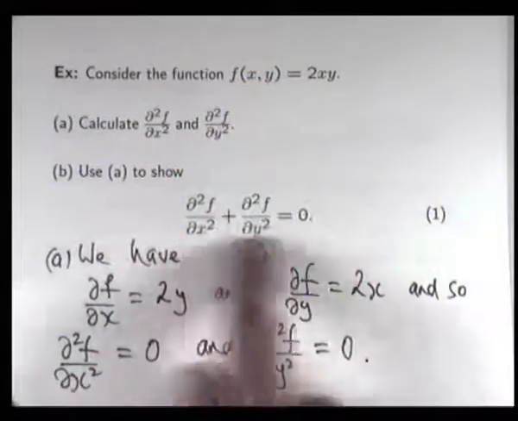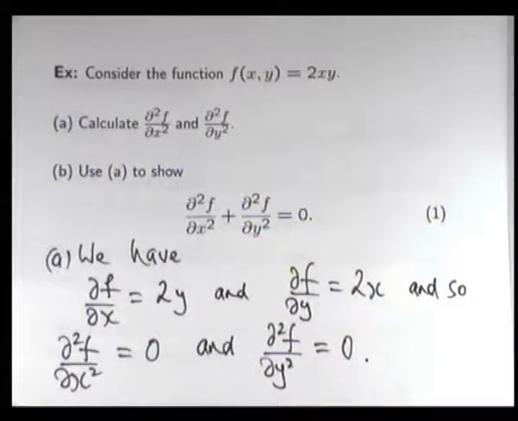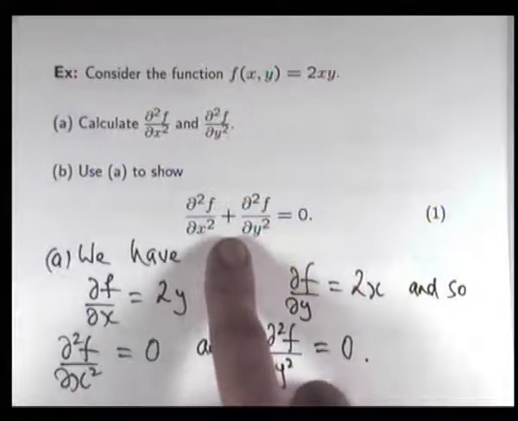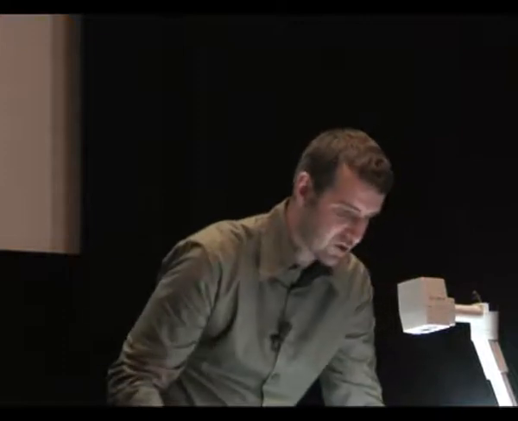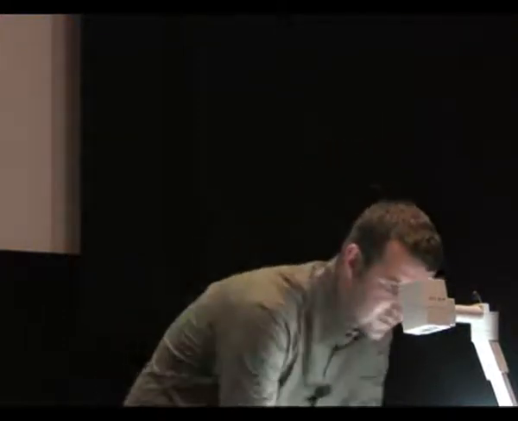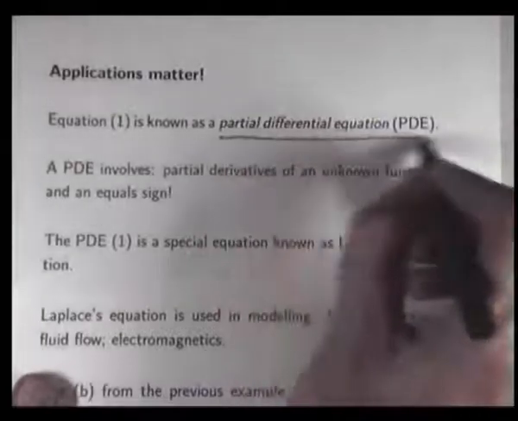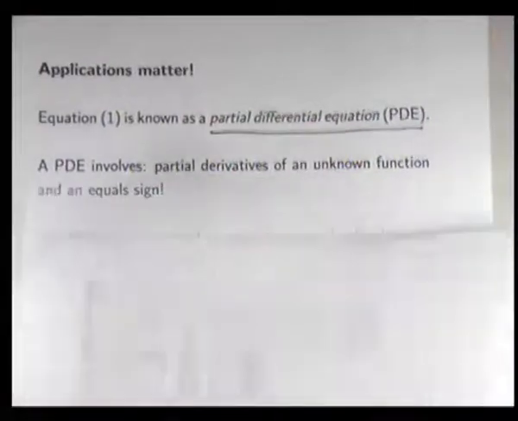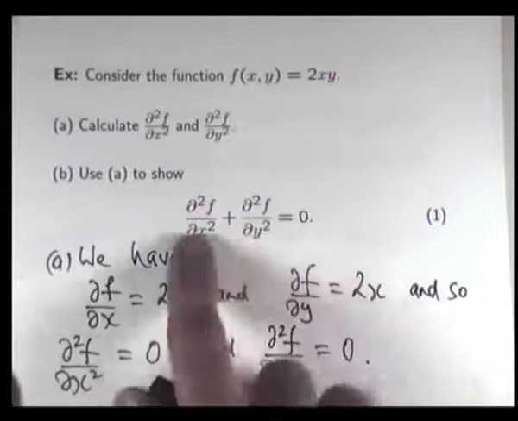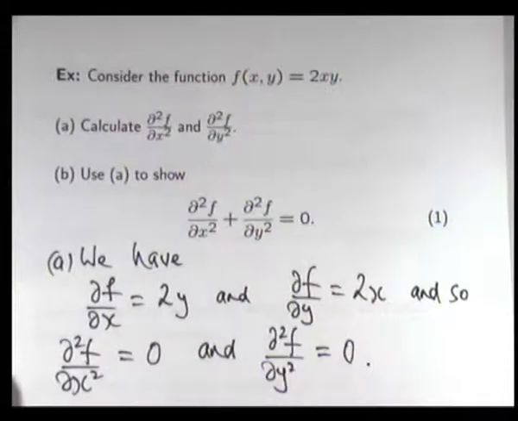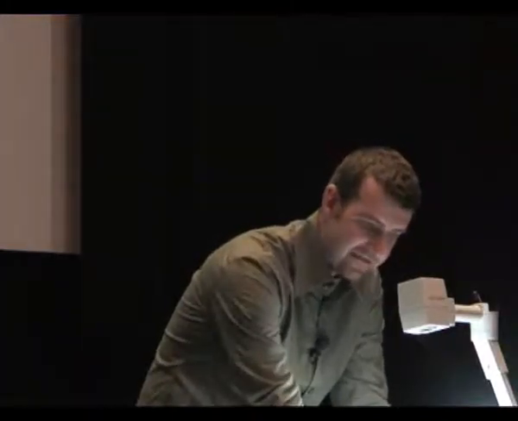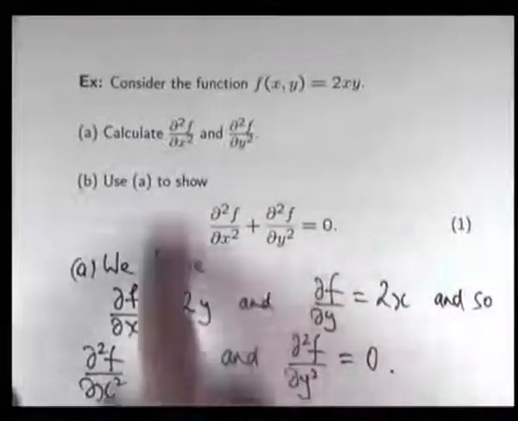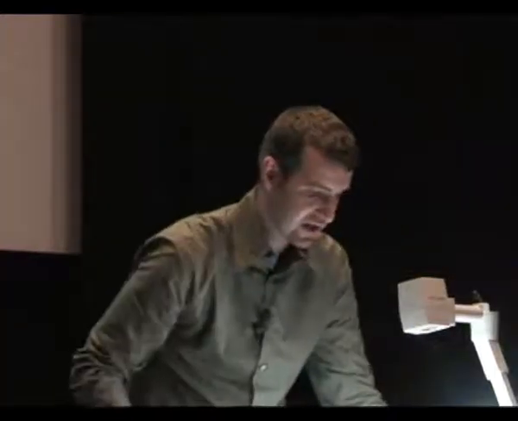All right, now this equation here is known as a partial differential equation. Okay, now in particular it's known as Laplace's equation. We call it a partial differential equation, or a PDE, because it's an equation and it has partial derivatives inside it. And what part B tells us is that this particular function f is a solution to this PDE, this partial differential equation.